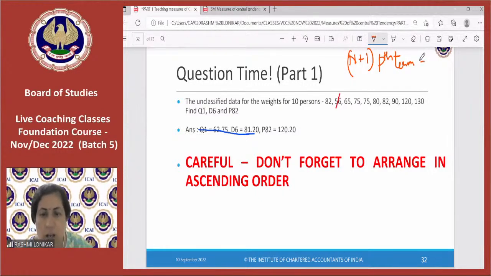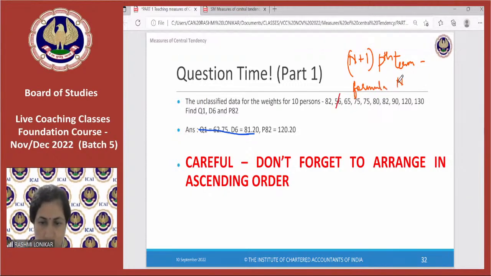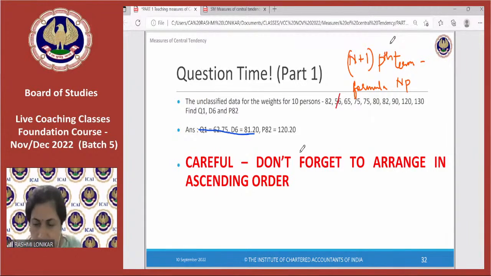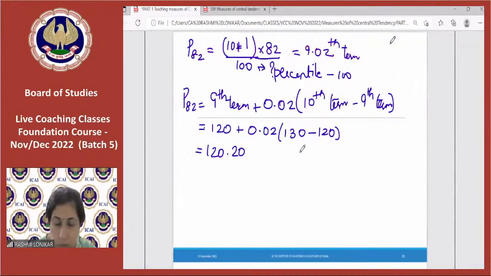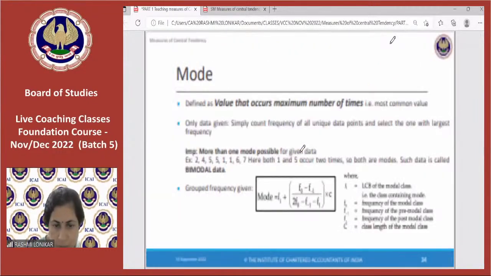This is for discrete or ungrouped data. For others, you have the formula, and in that formula we will use n into p, and there we will not use plus 1. So these are the two important things that you must remember.